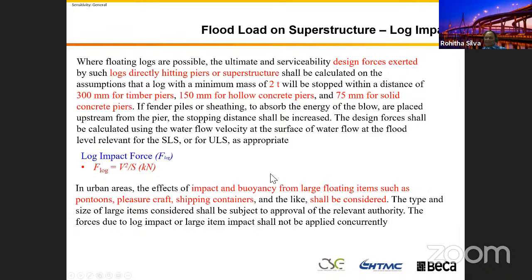Then the other one is this new thing, it's a log impact. Makes sense, right? During a flood, massive structures are floating and come and hit the bridge. Sometimes there were houses, sometimes, especially in Australia, boats and pontoons, and sometimes there are a lot of timber related industries close to the rivers.